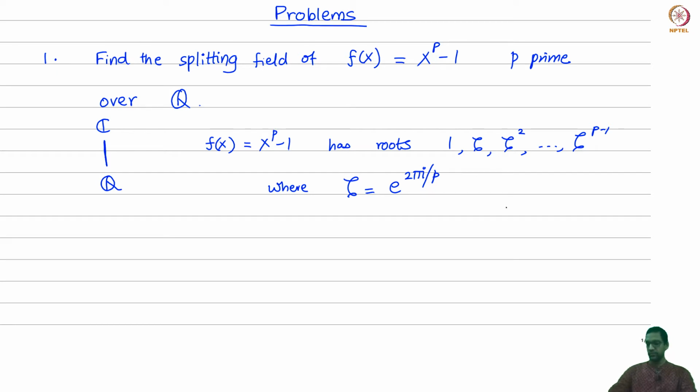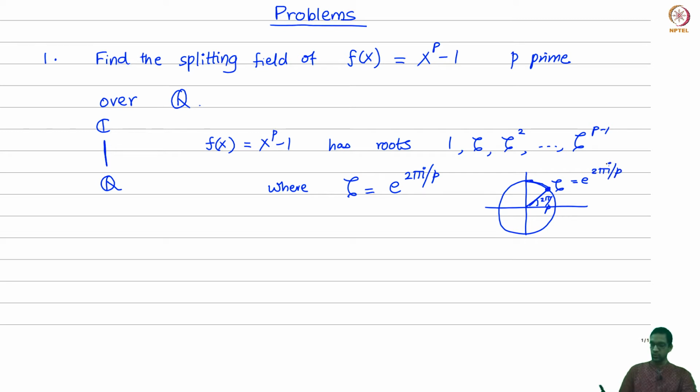If you think in terms of the complex plane, this is on the unit circle, and look at this angle here, which is 2 pi divided by p. So you're dividing the circle into p equal sectors, and this number here on the unit circle in the complex plane is what we would call zeta. It's e to the 2 pi i over p.